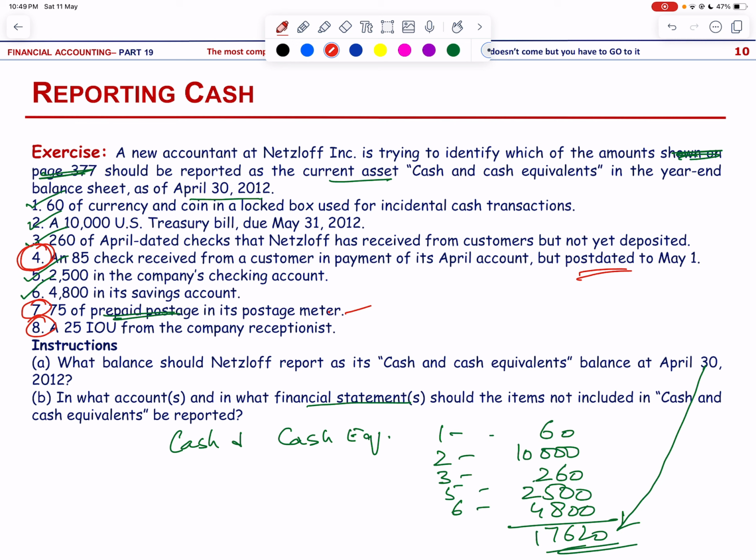So prepaid postage, this is a prepaid postage expense. This will be shown in the balance sheet, and this may be a postage expense, and then it will be shown in the income statement. Then IOU from the company receptionist, this is an accounts receivable, and accounts receivable are going to be recorded in the balance sheet.